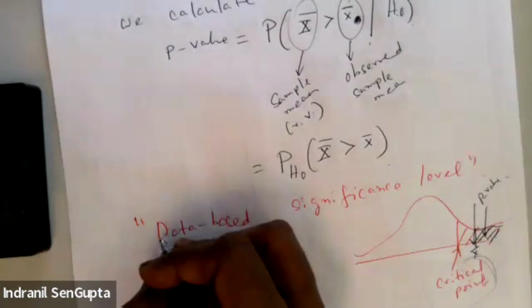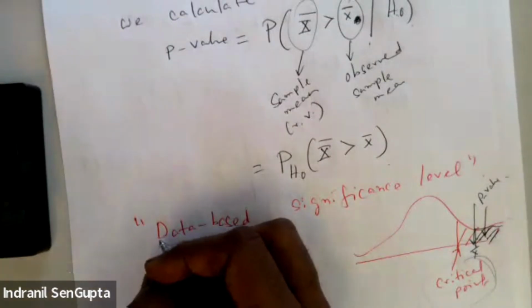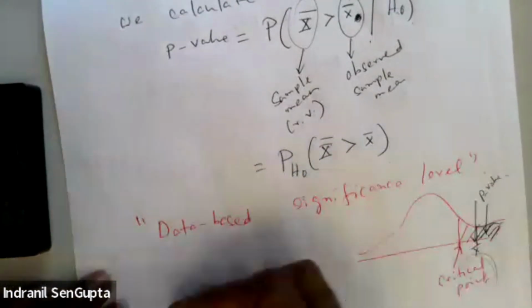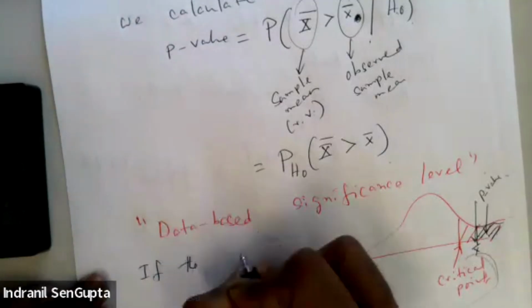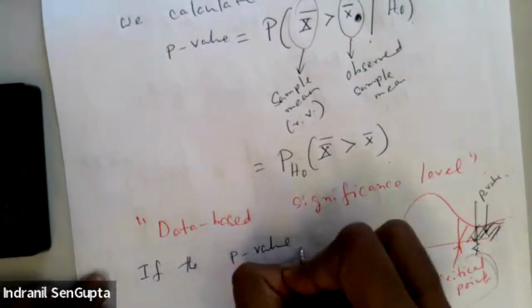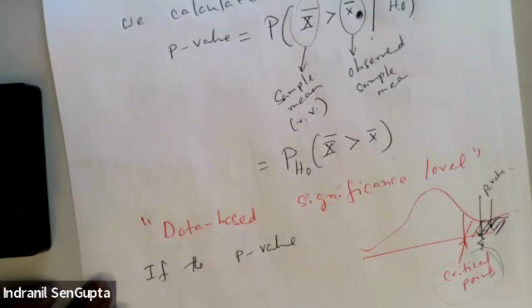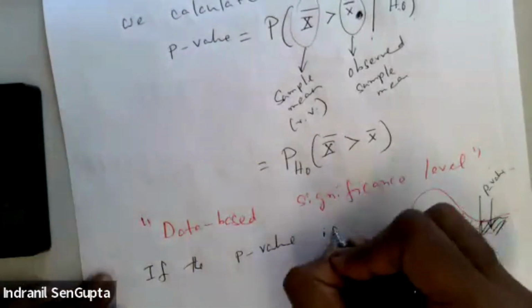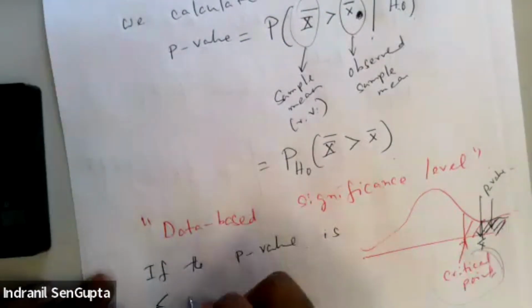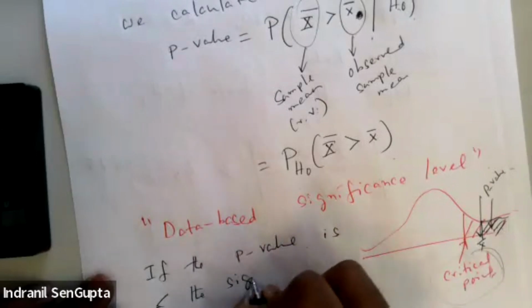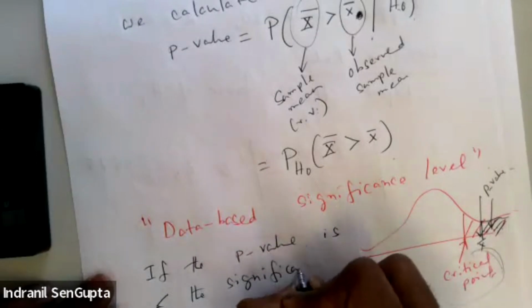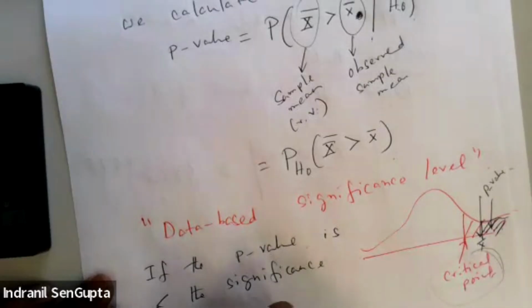So if your p-value is less than the significance level, then the hypothesis can be rejected.